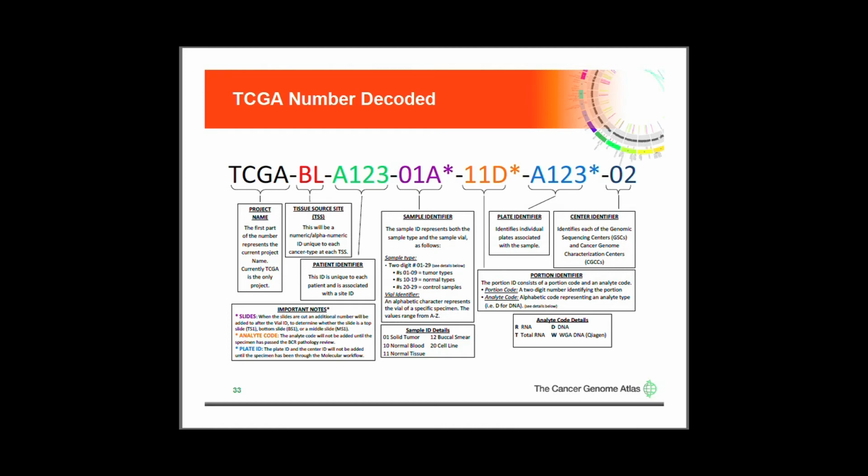The next 2 digits refer to the tissue source site. What site actually provided the samples to us? That can get complicated, because if an investigator at MD Anderson Cancer Center is sending us bladder cancer, and another investigator at MD Anderson is providing us with cervical cancer, they will have different codes.